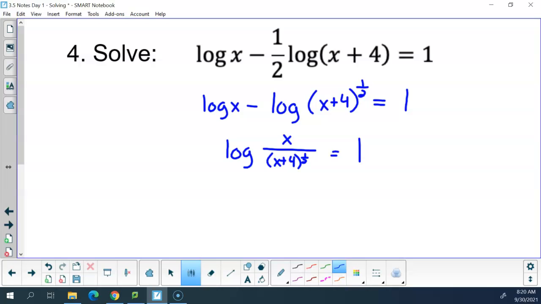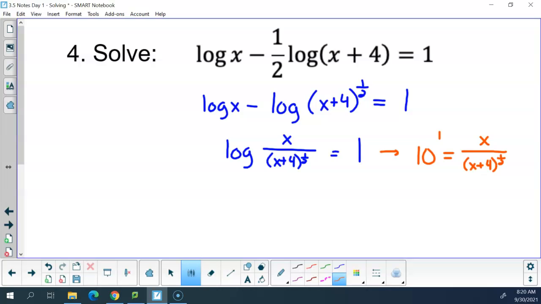Now that I've got it down to a single solitary log, that is isolated. Now I can switch forms with it. What is the base on my log? 10 to the first power equals x over x plus 4 to the 1/2 power.